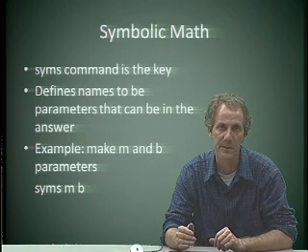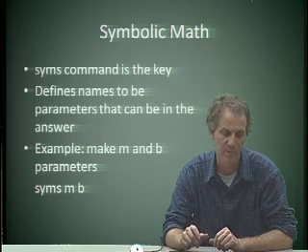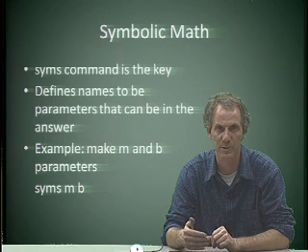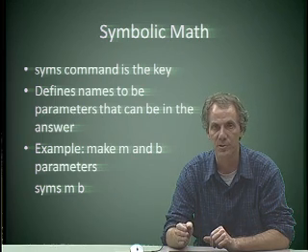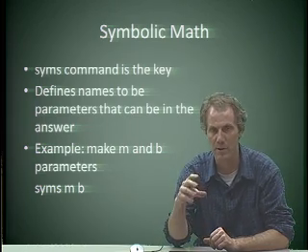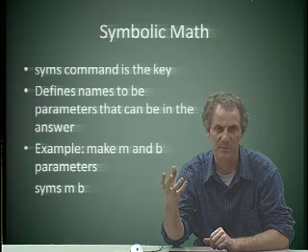Then that'll bring us to the symbolic math portion. There's one key function I want to just explain to you. This is not Simulink. This is back to the command window or your M files, and that's using the syms command, which defines that quantity you've defined as a variable or a parameter that could be in the answer.